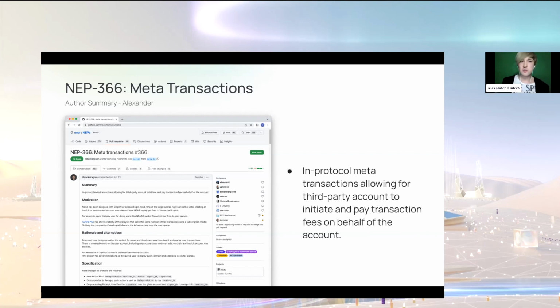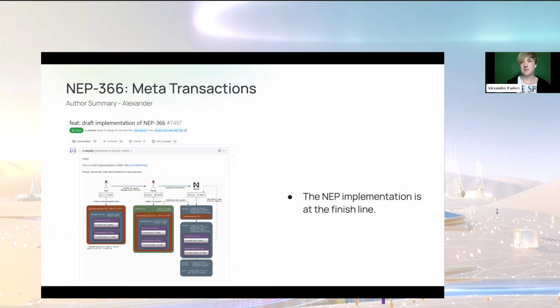It gives an ability to interact with any smart contract, having no NEAR coins at all to pay gas. So yeah, on the next slide, we have this pull request with the draft implementation, which is actually on the final stage.